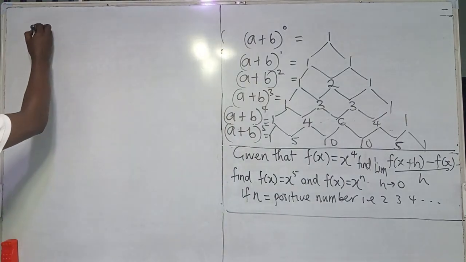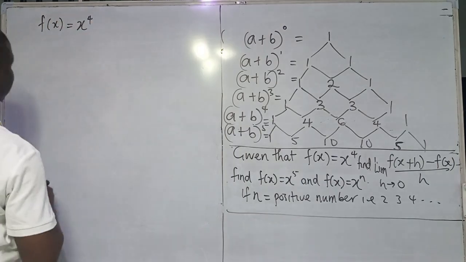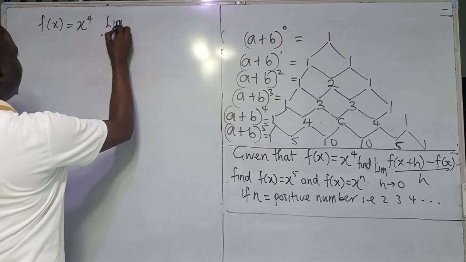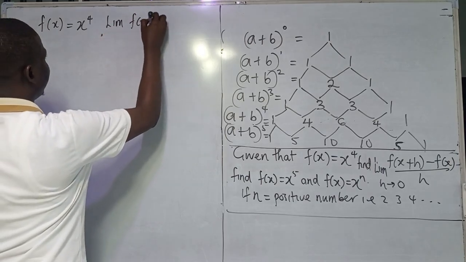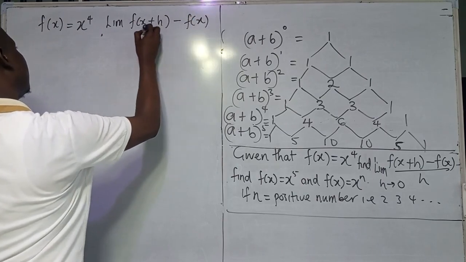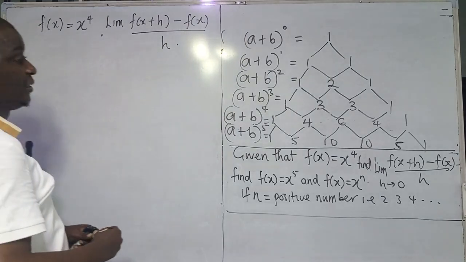Now let me start with f of x as x to the power 4. For that, we find the limit of f of x plus h minus f of x divided by h. That means we are solving the first question.